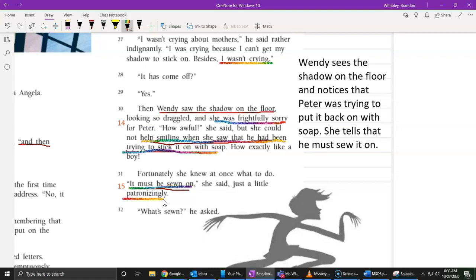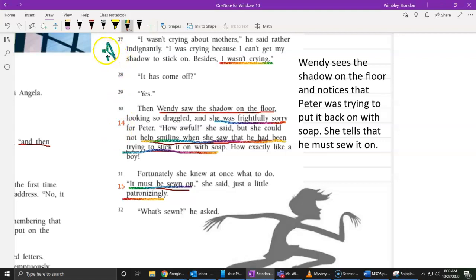We can infer that Peter wants to appear strong when he says he's not crying. We might also see that both of them are not very shy. They don't go away and say, oh no, there's a stranger in my room, which I probably would. So they have this conversation showing they're not shy, showing also that they're probably both kind of proud. They both think that they are the bomb.